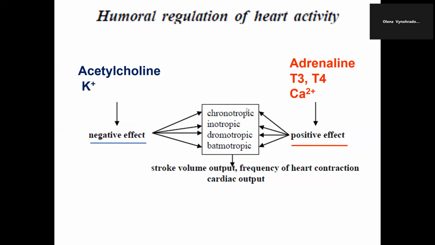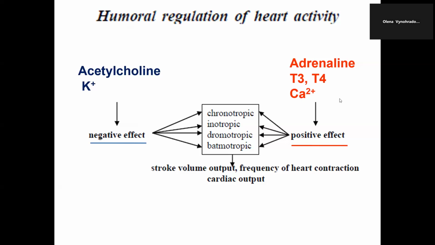It means decreased frequency of heart rate, decreased velocity of signal, and decreased force of contraction. The opposite, positive effect we have under the influence of epinephrine, norepinephrine, thyroid hormones T3, T4, and ions of calcium. The more calcium enters from outside, the more intensive the heart contraction.